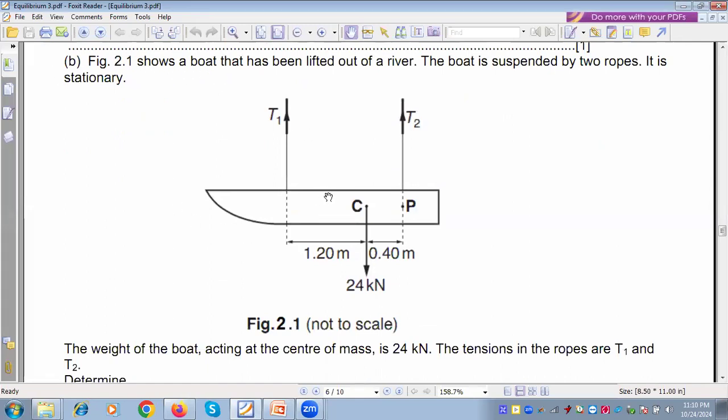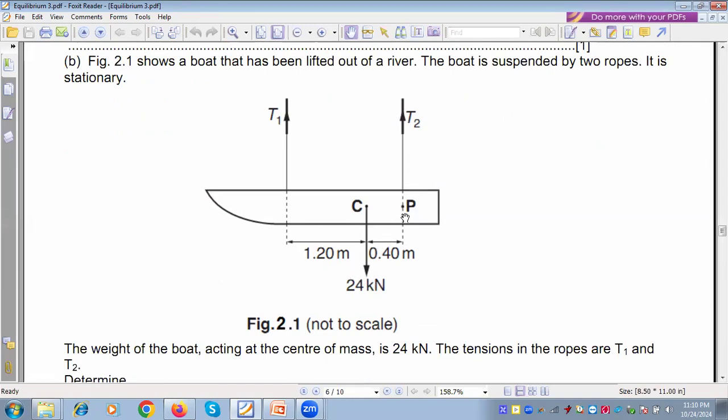So this is a boat which has a weight of about 24 kilonewton, and it is being lifted up by means of two ropes. It is stationary, means it is in equilibrium, and the conditions are satisfied. Means total upward force will be equal to total downward force. In the same way, moment is also to be 0.